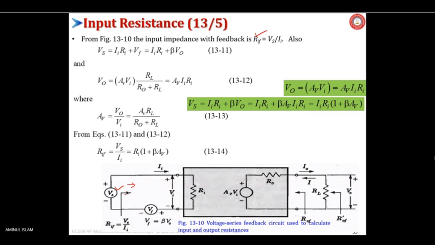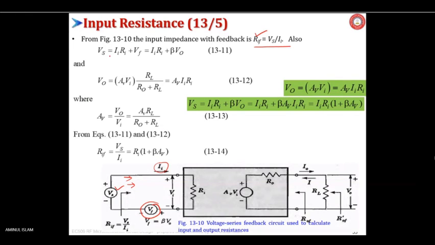Voltage divided by current is the resistance. That's what is shown here, and from this diagram you can understand that input resistance RIF will be VS by II, because you have put here the VF, which is the output of the beta network. So looking from here this side, the resistance is nothing but VS divided by II.